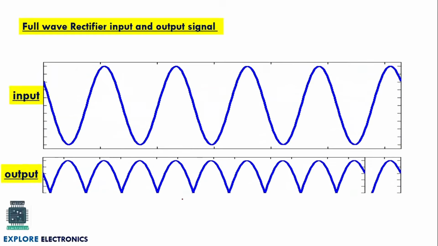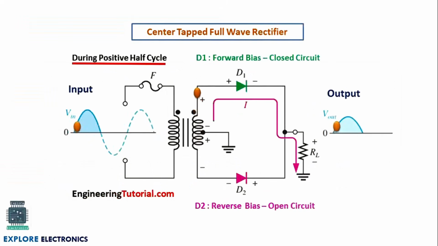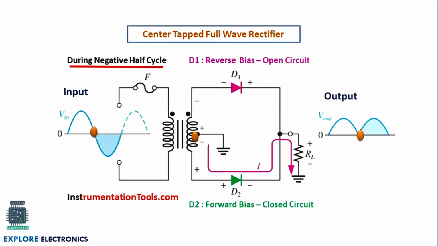Now let us understand how this center tapped full wave rectifier works. For a positive half cycle, the diode D1 conducts and D2 is off. When the positive half cycle of the input comes, D1 will allow the current to flow through RL and the output will be generated like this. Similarly, when the negative half cycle of the input is given, it will be treated as a positive voltage by D2 and D1 becomes reverse biased.